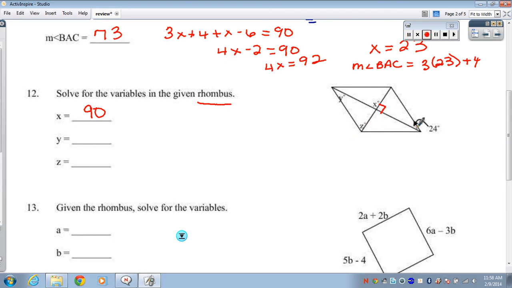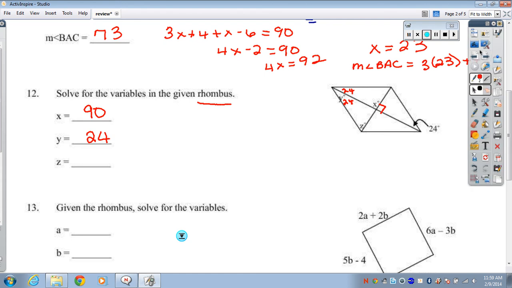So if this angle is 24 degrees, that means this angle is also 24 degrees, which also means this angle is 24 degrees. You could also look at y and 24, they're alternate interior angles. So y is 24 degrees. Now, if you look right here, this is a right triangle.